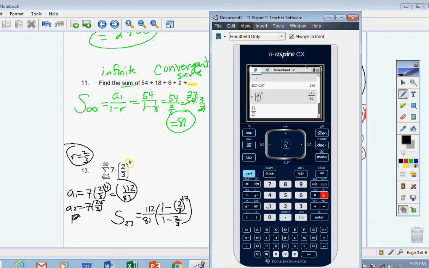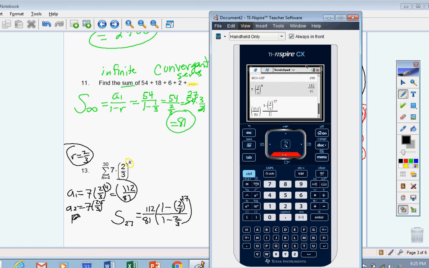Control divide, 112, divide by 81, times control divide 1 minus parentheses 2/3, and I'm going to raise that to the 27th power.